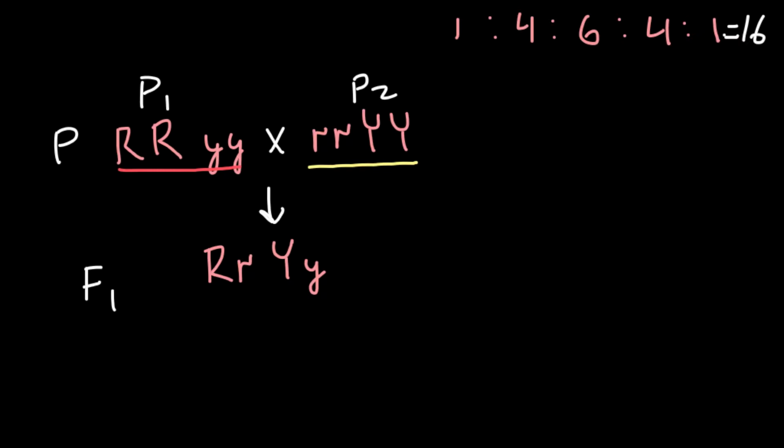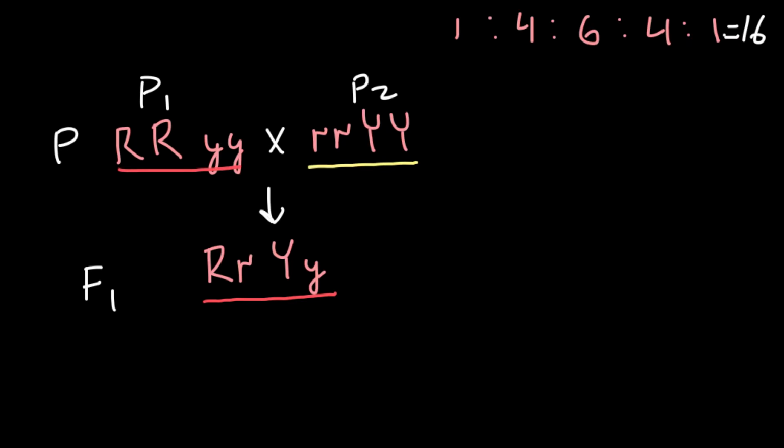In the F1 generation, 100% of the plants would be red, because this dominant allele is dominant over the recessive, so the phenotype would be red, just like parent 1, but the genotype would be different.